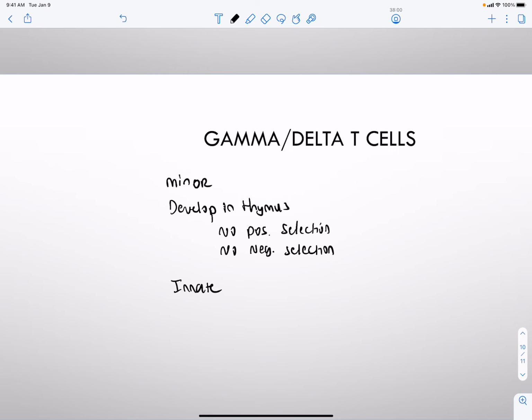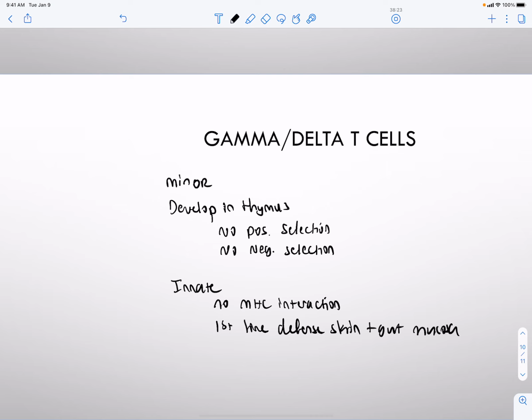Because there's no positive selection, they don't need to interact with MHC. They are considered a first line of defense in the skin and gut mucosa. They recognize common microbial pathogens. So they're similar to innate. They recognize sort of just common antigens.